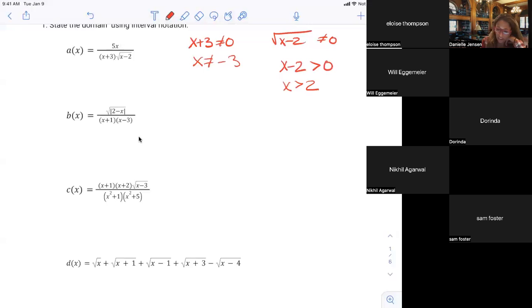Looking at these two pieces, I find it helpful to put it on a number line. I know that X cannot be -3, but it also has to be greater than 2. So when I think about the domain meeting both those conditions, what must be the case for the domain?